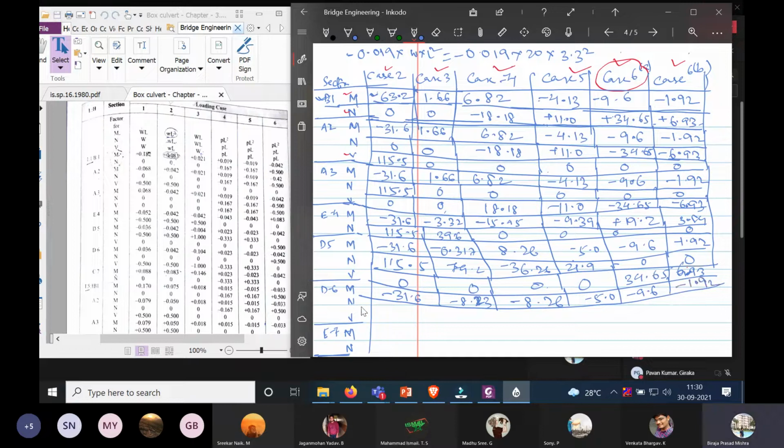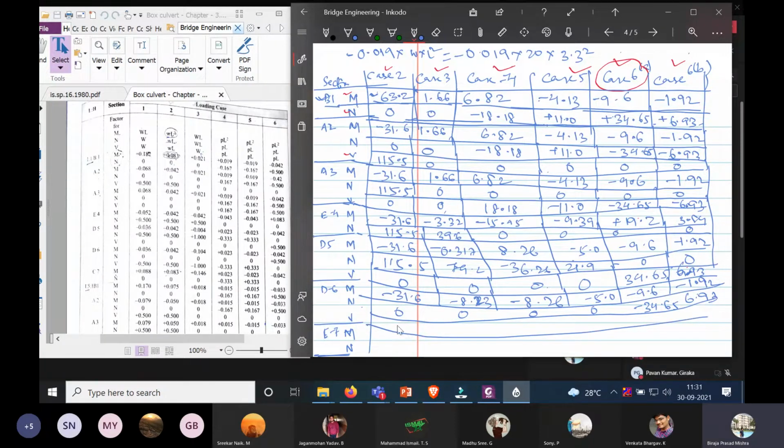Okay, the thrust value over here is 0, 0, 0, 0, minus 34.65, and it is 6.93.